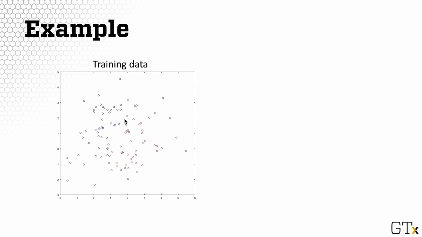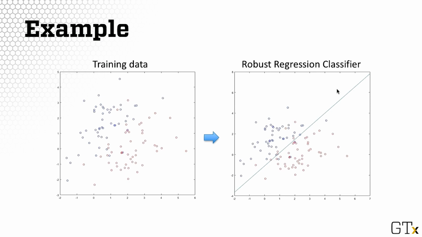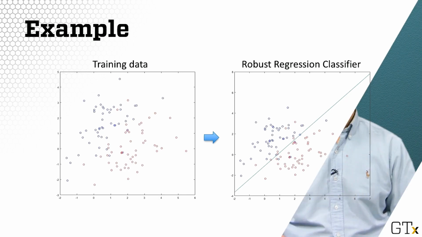Blue means 0, red means 1. The doctor already labeled all these points, 100 points here. And we want to build a classifier to separate the blue from the red. If we solve the robust regression problem, the classifier that results from that is this linear line here. And if you look carefully, you see that it separates most of the blue points from the red points. So that's the result of this robust regression model.